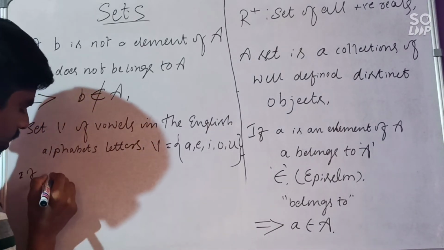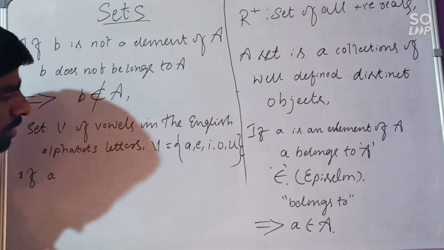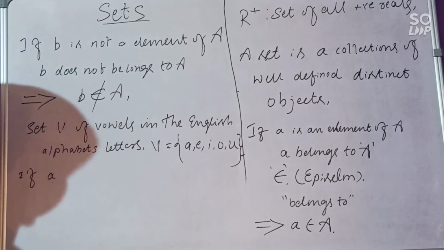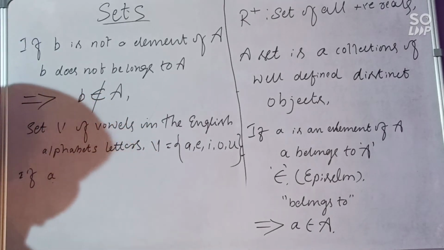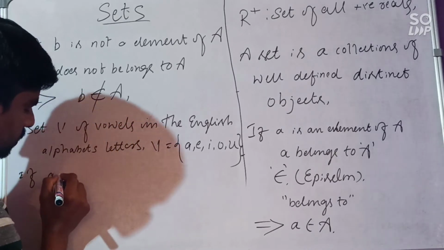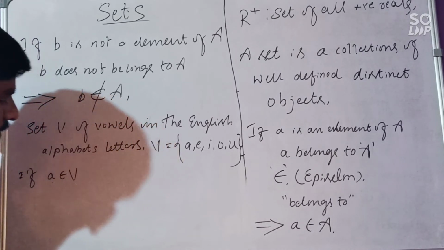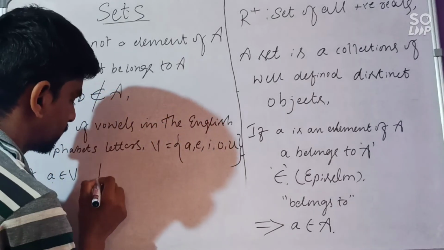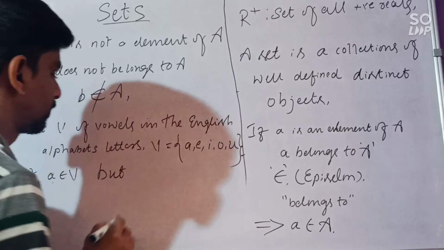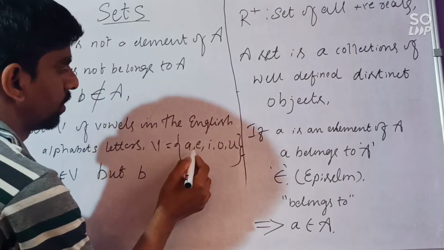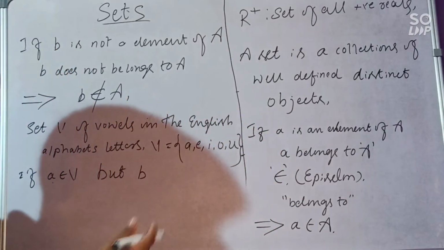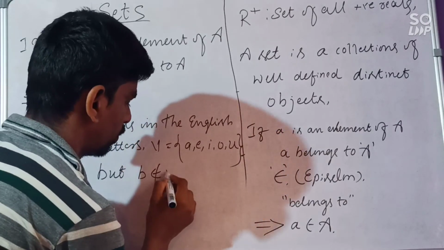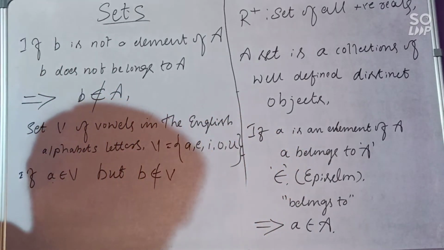If a is an element, this element belongs to what? It belongs to the set of vowels, belongs to V. But b, where is b? b is not there. So b does not belong to V.